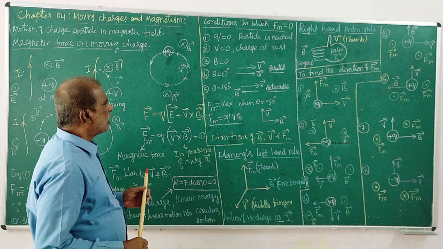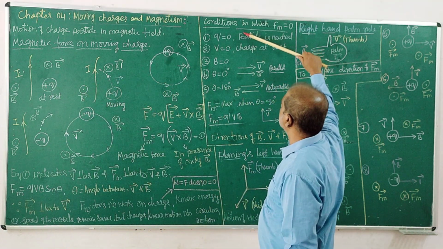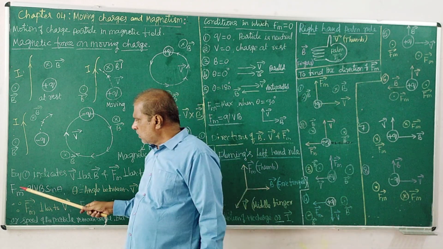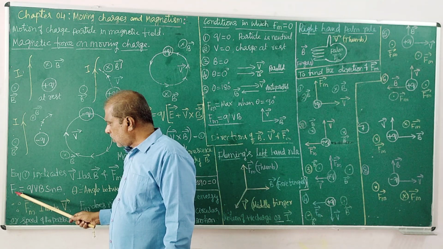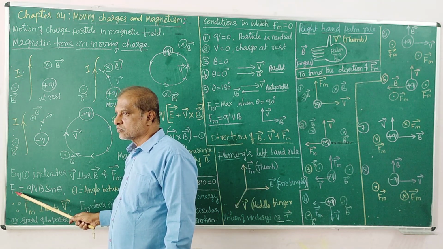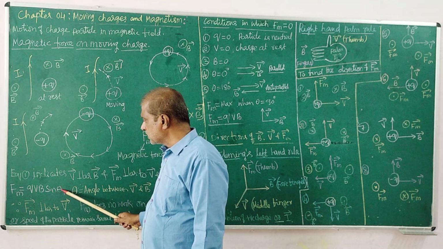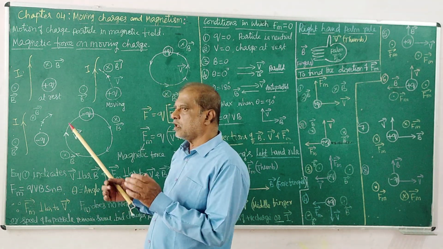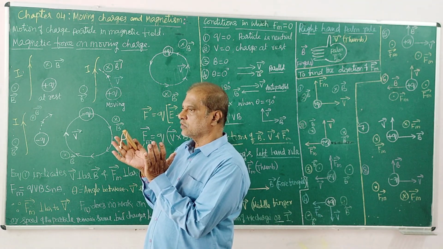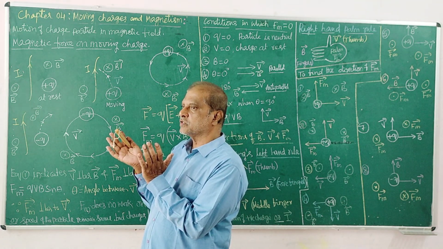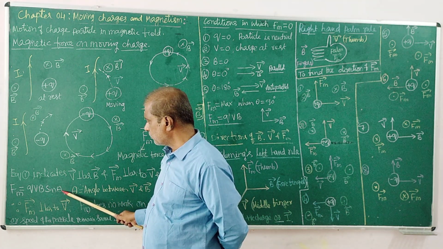What is the maximum value of F? Here you see that the value of F is 0 and it increases from 0 as the theta value increases from 0. As the angle between V and B increases from 0 to 90 degrees, it increases gradually and attains a maximum when theta equals 90 degrees.